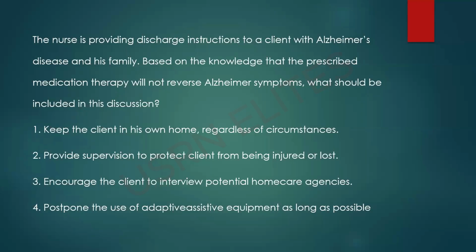Provide supervision to protect client from being injured or lost. 3. Encourage the client to interview potential home care agencies. And 4. Postpone the use of adaptive assistive equipment as long as possible.